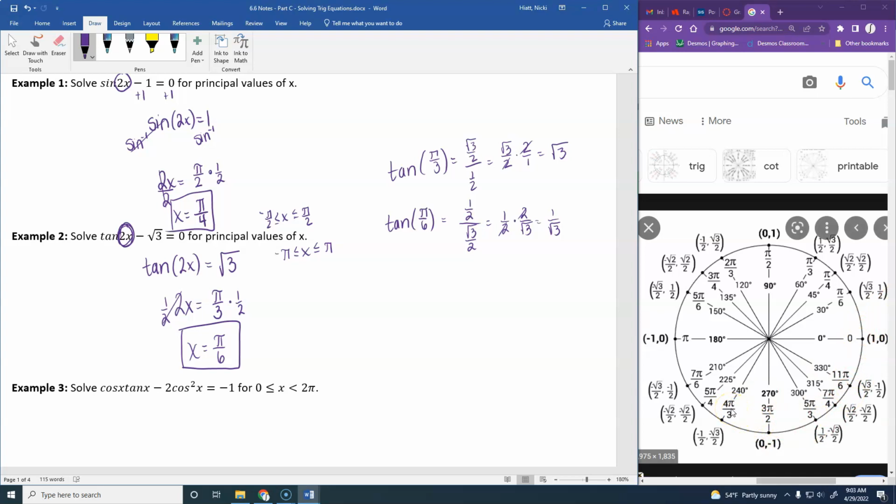So if I say 2x equals negative 2 pi over 3, and I multiply both sides by 1/2, I'm going to get that x equals negative 2 pi over 6, which is going to reduce to negative pi over 3. Negative pi over 3 is between negative pi over 2 and pi over 2. So this is also an answer.